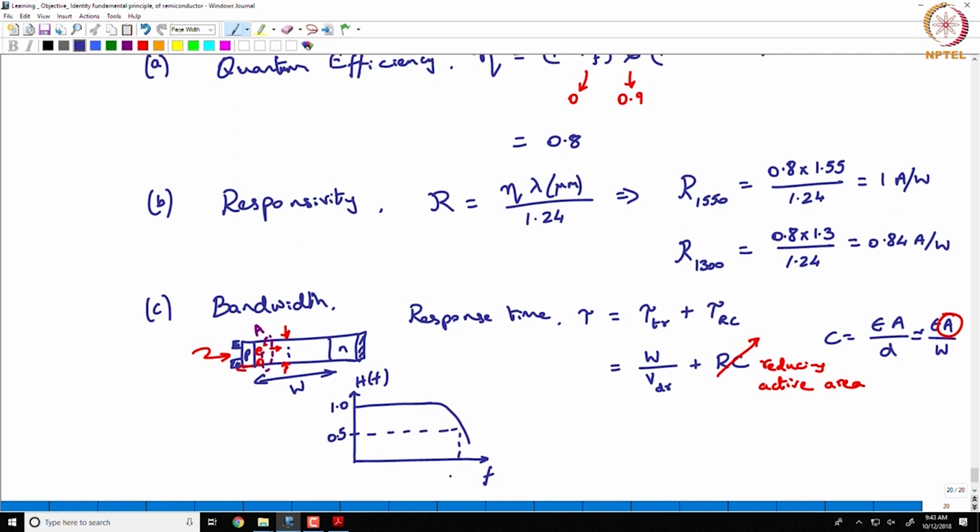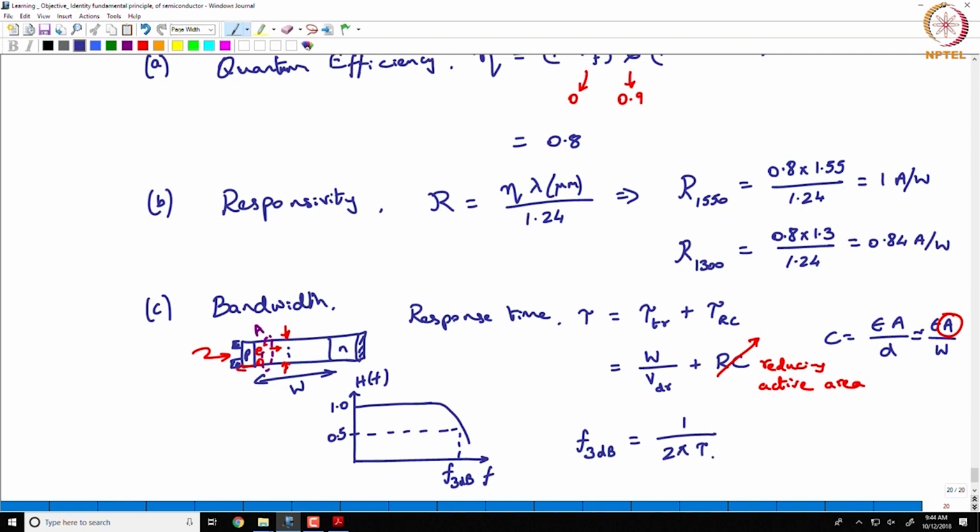And what we are typically interested in is the 3 dB bandwidth. So, f3dB is going to be given by 1 over 2 pi multiplied by this tau, right, which corresponds to the response time.